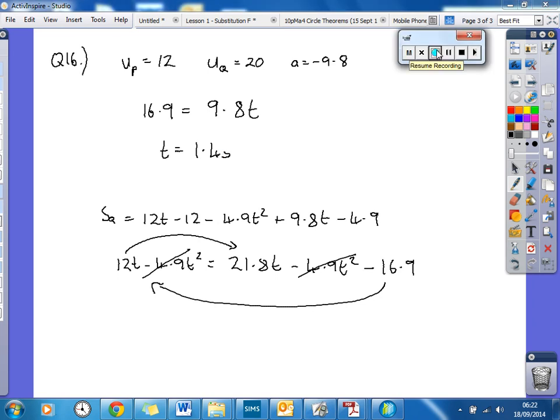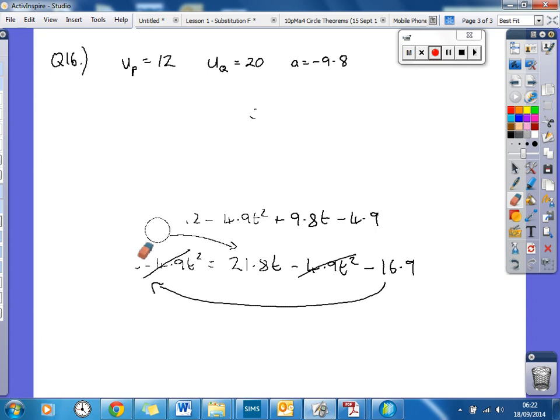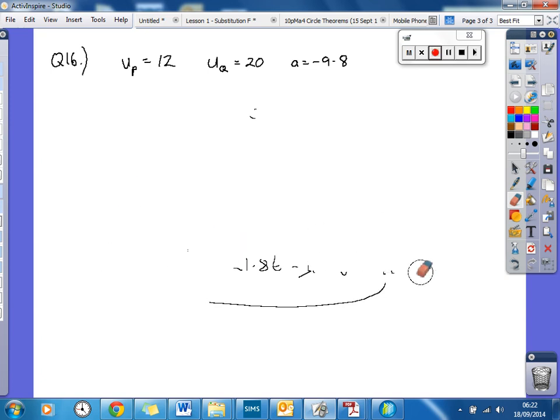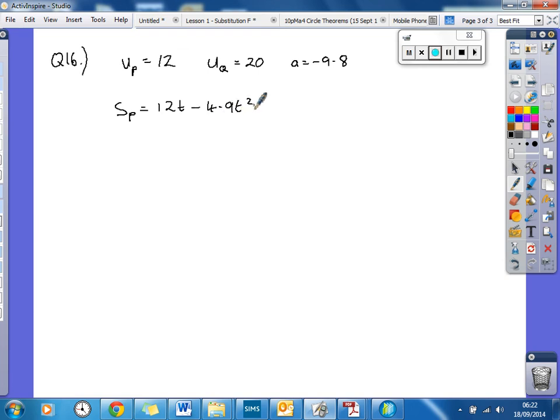Now as I'm stood here, I just realised I've done this completely wrong. I was placing 12 as u for Q instead of 20. Rather than start again, I'll just start from the start. So my apologies. So 12t minus 4.9t squared for P, and for Q, u is 20.